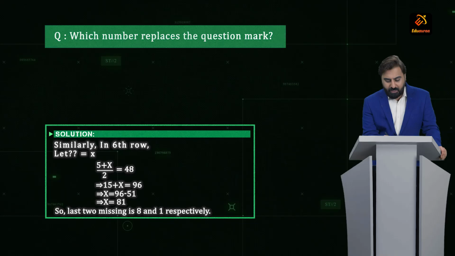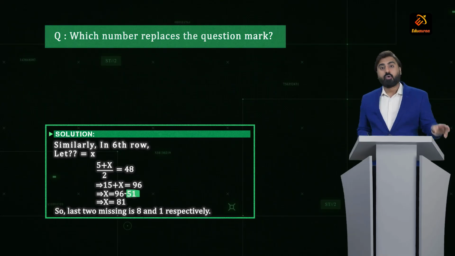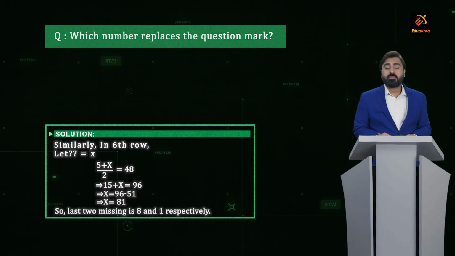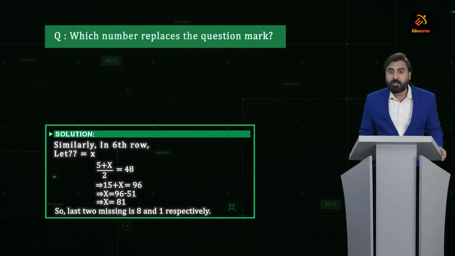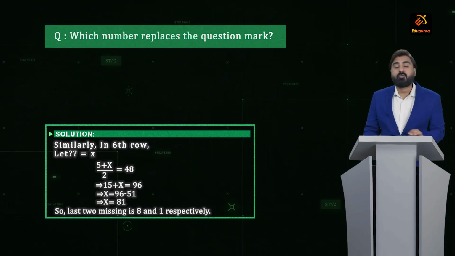So x will be 96 minus 15, which is 81. So what are the last two missing numbers? 81, that is 8 and 1 respectively. So this is how we find the missing numbers. I hope it is easy. I hope it is clear how to solve this.